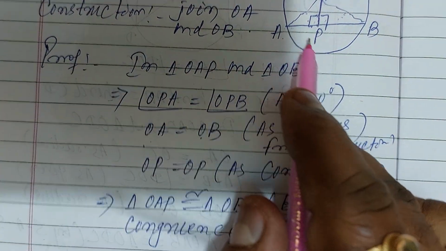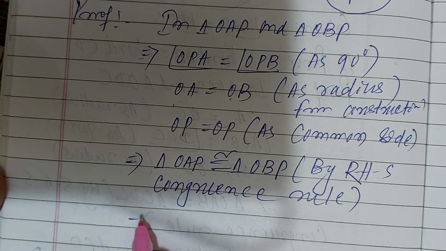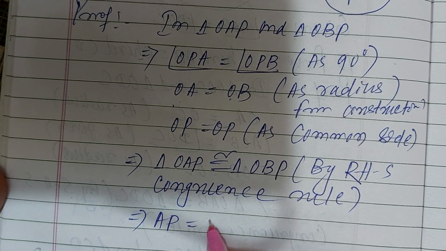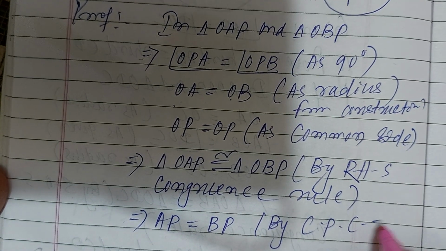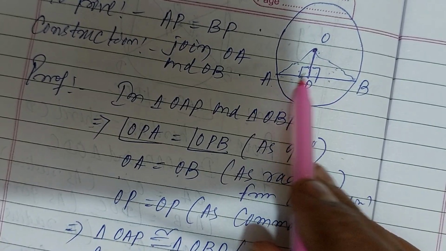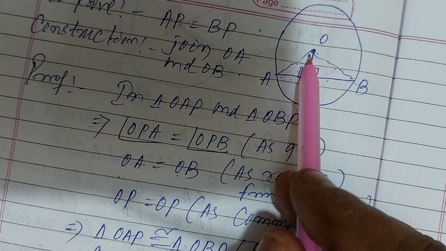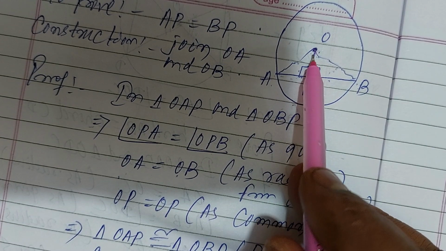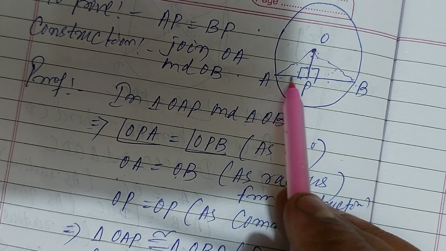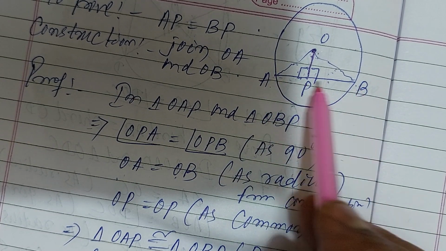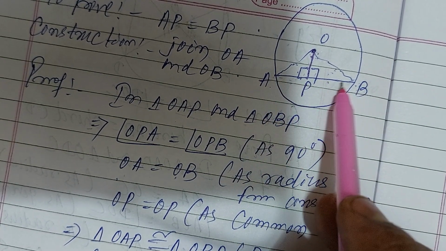So that implies AP is equal to BP by CPCT. These are the corresponding sides, because opposite to these angles are the two sides AP and PB.